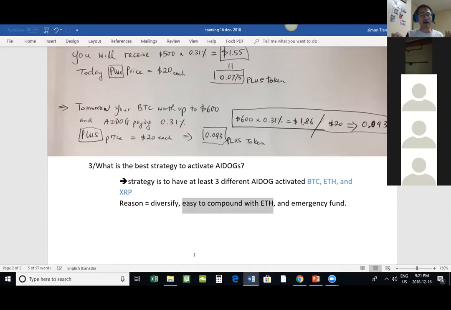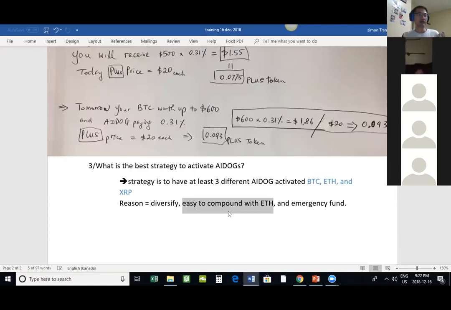You all know that within the Plustoken wallet, you can convert Plustoken into Ethereum only. You cannot convert Plustoken to any other cryptocurrency for now, only Ethereum. So if you have an Ethereum AI dog active, you can do daily compounding. You can sell your Plustoken into Ethereum and add it into your Ethereum AI dog.